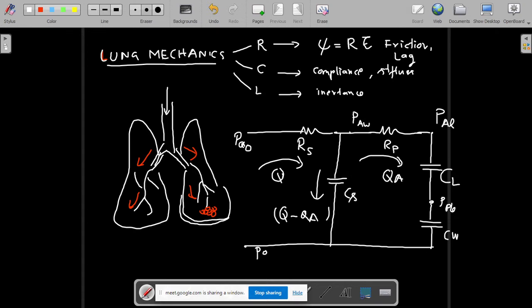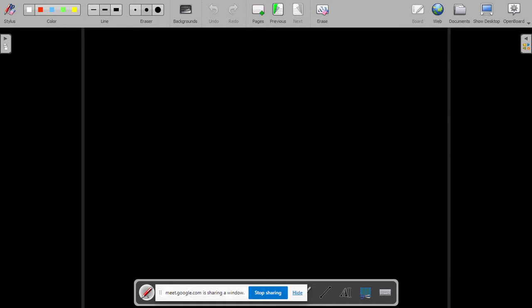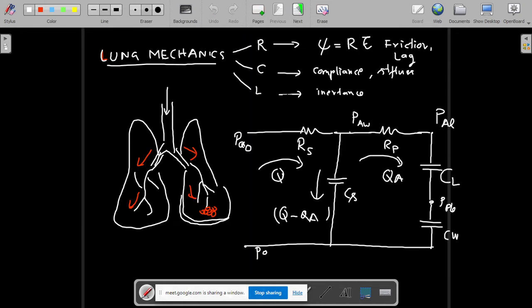Now if you see this closed loop, if I write an equation, QA is like your current, and RP is the resistance.